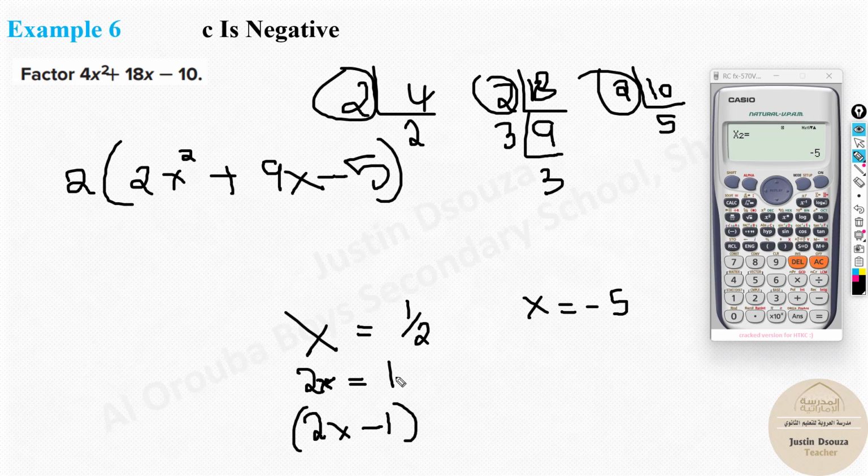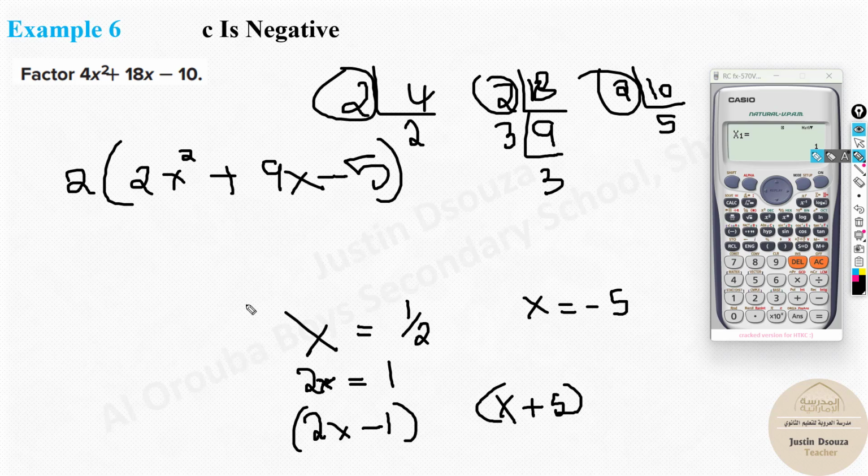I hope this is clear. 2x minus 1. Now here it is very simple, x plus 5. Okay, this is how we write it. This is fine. But what is the problem? If I do mode 5 3 and solve this term, I've removed the 2 common factor. Now this cannot be removed. I can't simplify this more. So 2, 9 and minus 5.